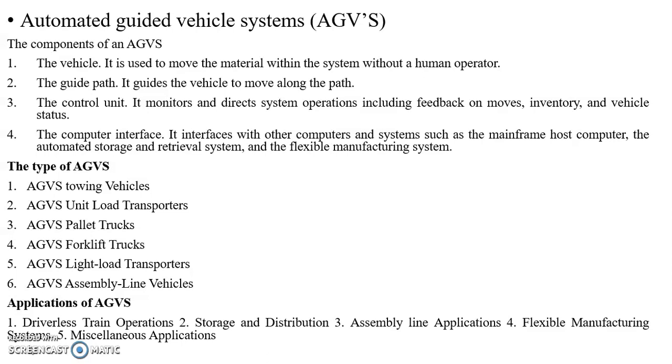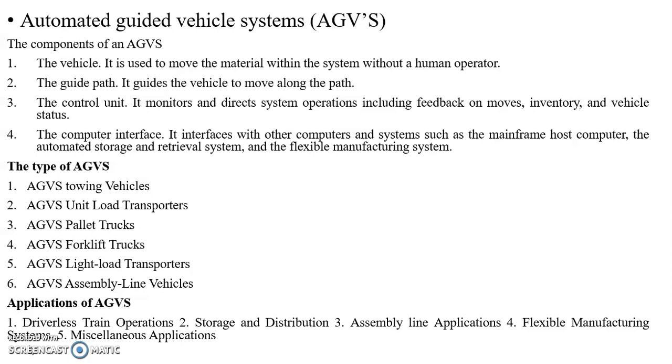And the next one is AGV pallet trucks. These are designed to lift and transport palletized loads. The vehicle is used for picking up loads and dropping off loads from and to floor level, thus eliminating the need of fixed load stands.